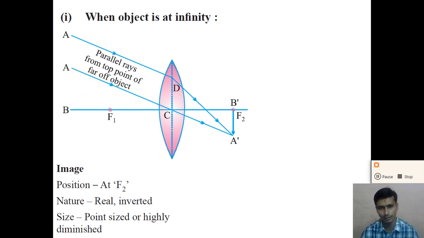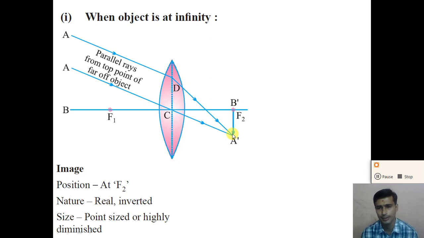When a ray of light passes through the optical center, the ray emerges without deviation. Another ray, if we consider the ray of light parallel to this ray, after refraction will meet at this point A dash, at the principal focus.